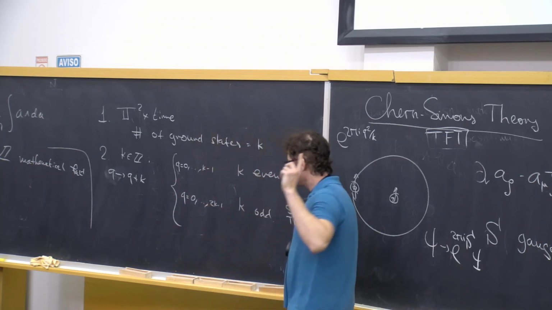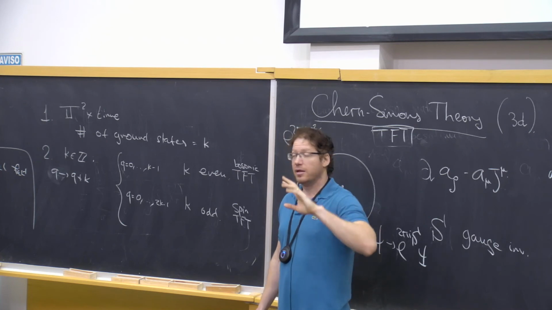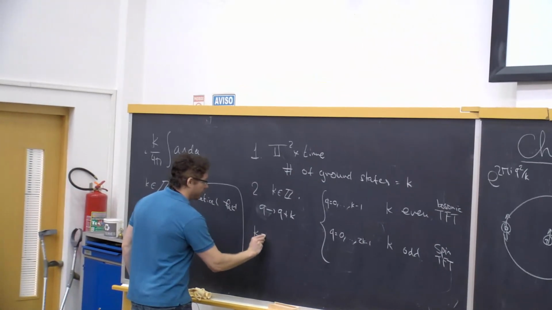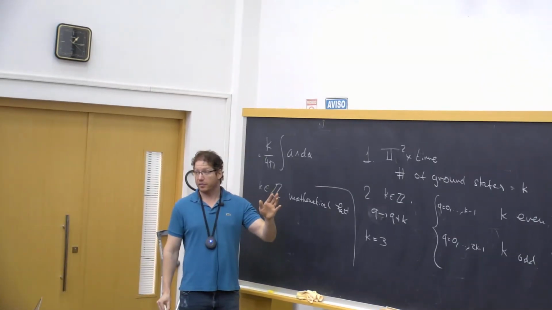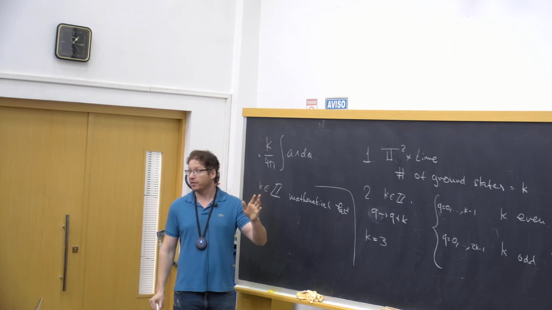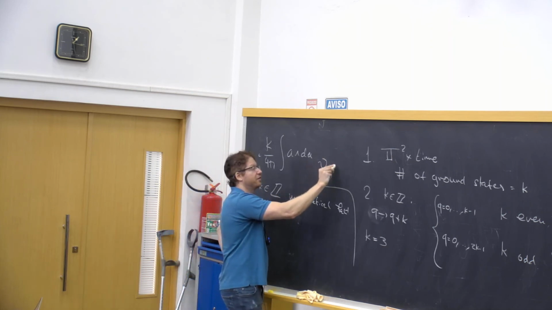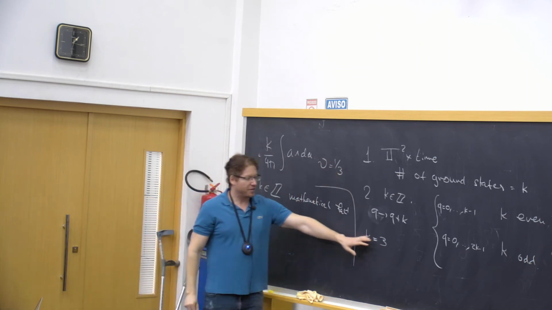I also want to make one comment in relation to condensed matter physics. The special case of k equals 3 is very famous in condensed matter theory. It's a particular state of the fractional quantum Hall effect. If you have ever seen this parameter in condensed matter physics, it's the case of 1/3, when the conductivity is 1/3. So this is a very special case.